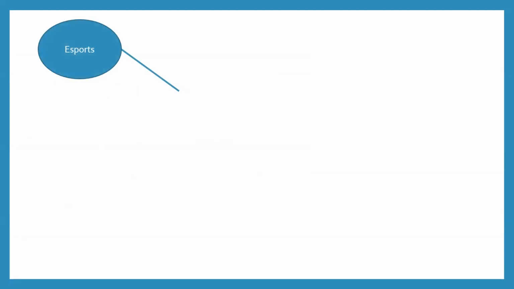So what are we here to talk about today? Esports. It's this big giant web of different things that are connected, but it all starts with the teams and the clubs. Esports at its core, we need to start with the teams and the clubs, the actual people who are participating, because without them, we don't have a sport.